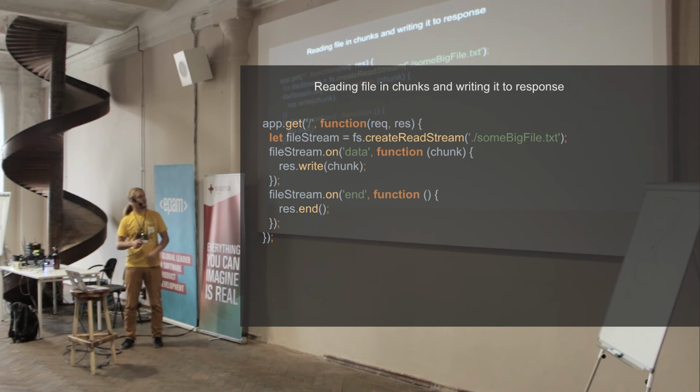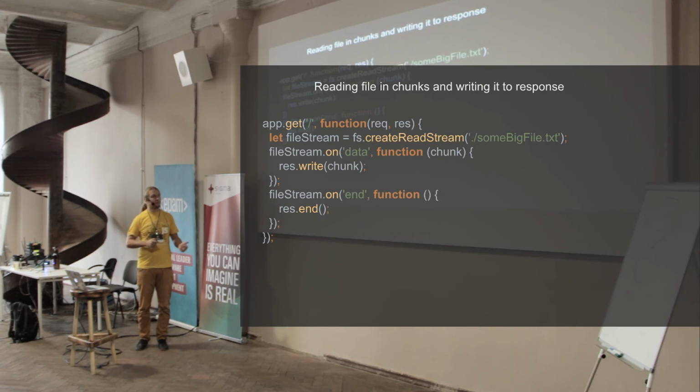What is good here is that we can get only one chunk of data, one small piece of data, and immediately write it to our response, because the response in Express is also a stream, so you can write only a chunk of data without taking care of all the rest of the file.